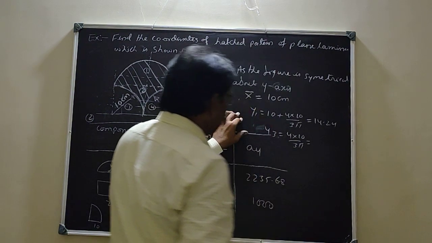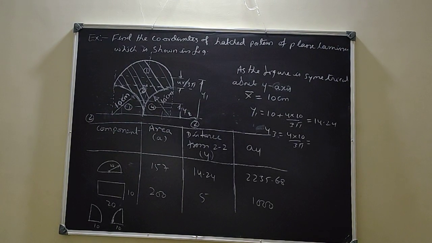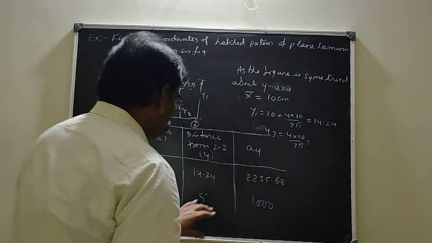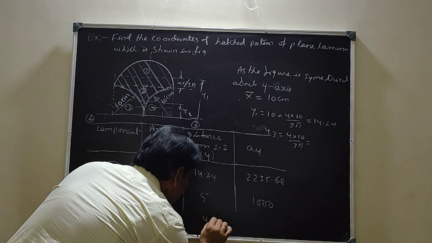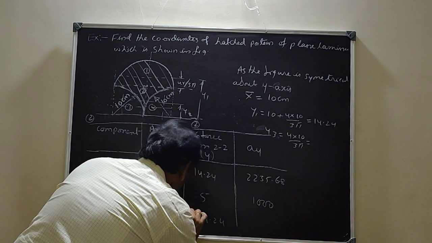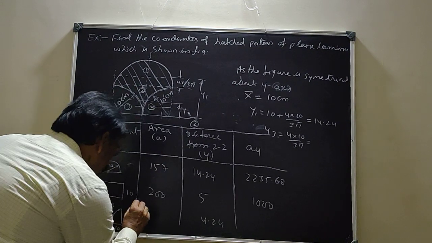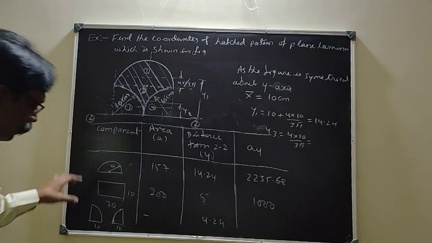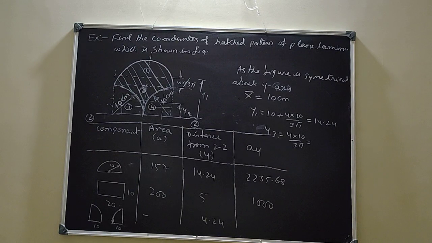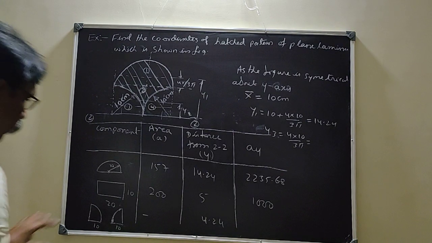So that is equal to 4.24 centimeters, whereas the area, being the deducted portion, will be equal to minus 157.